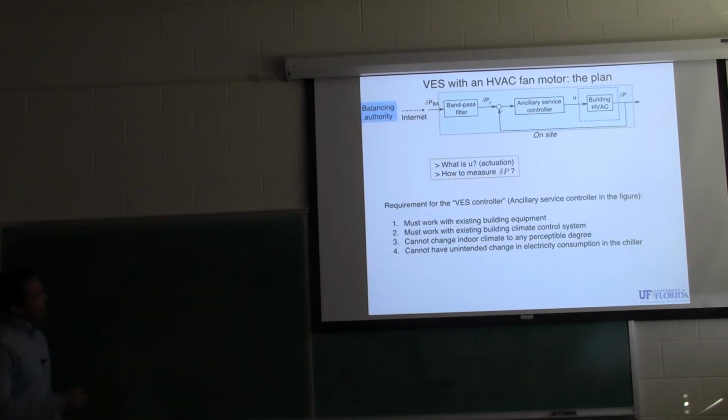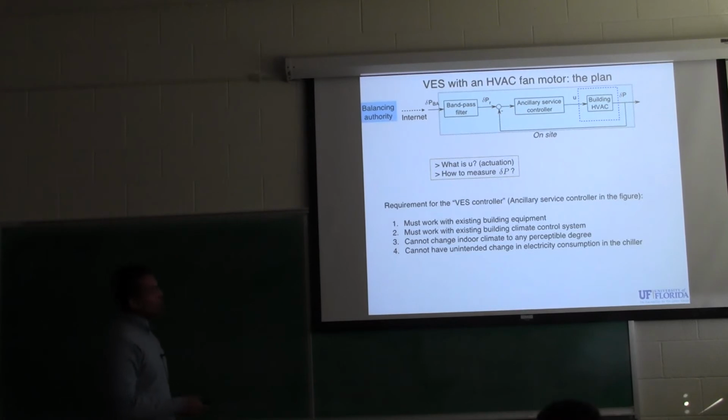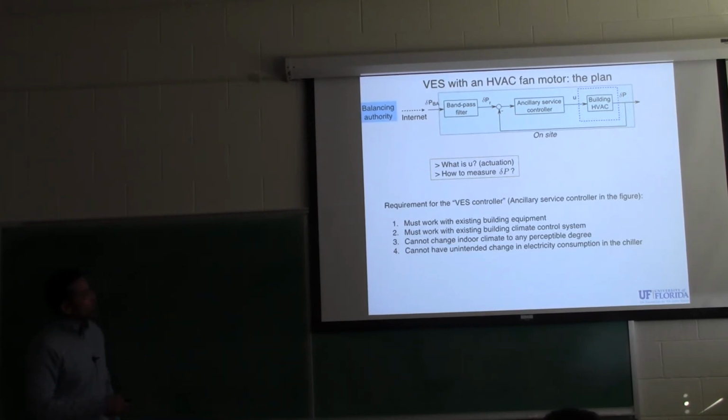All right, so this is the plan. The balancing authority, I mean, this is kind of thinking ahead how this type of technology will be deployed in practice. We didn't do all that in the building, in the experiments. So the balancing authority is going to send some sort of a reference power deviation signal. It's called delta P BA, and that'll be in gigawatts, right? It's like these signals that I showed earlier.